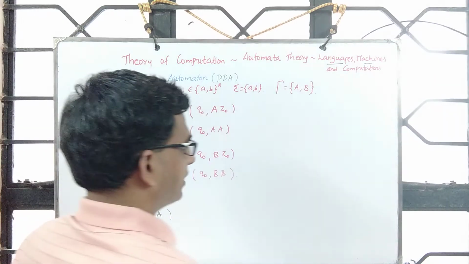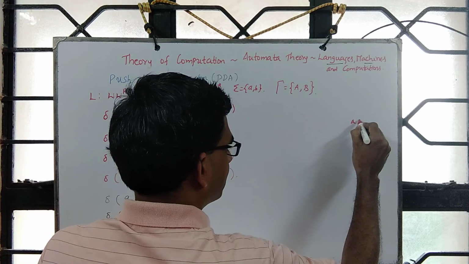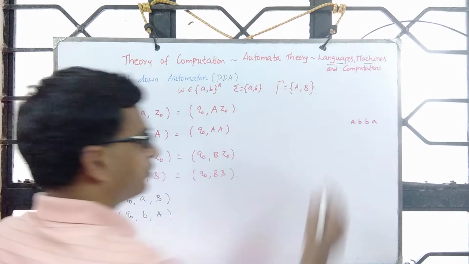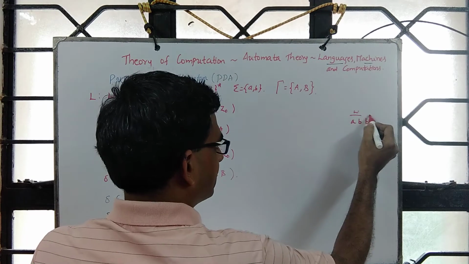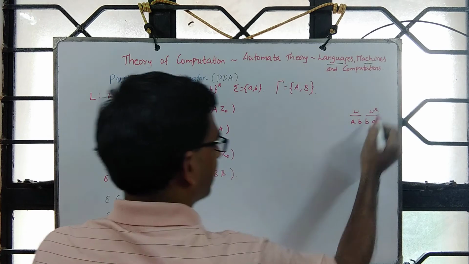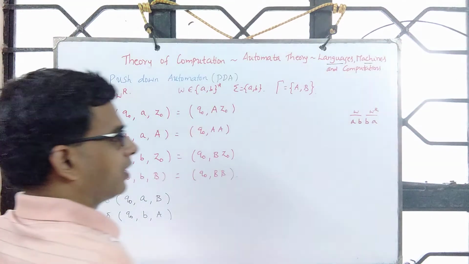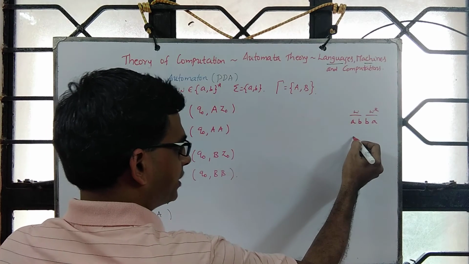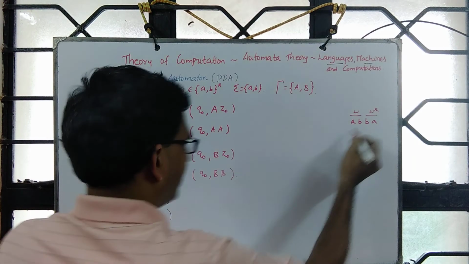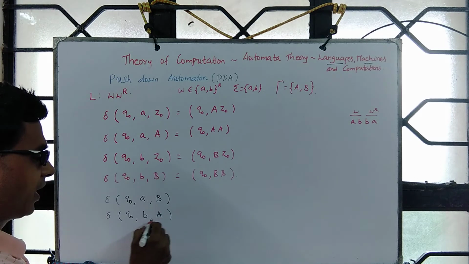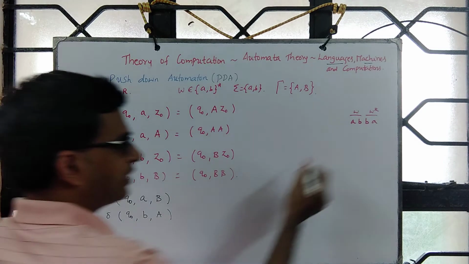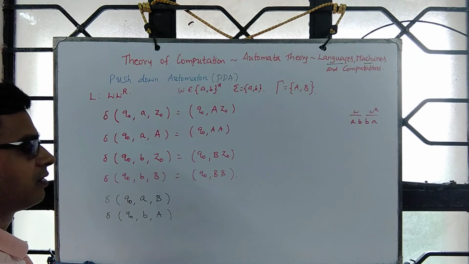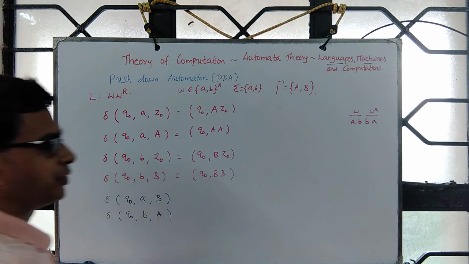So look at this example, ABBA. Now this is our W and this is our WR. Now I read A and I push capital A. Now I am reading a B and what is on the stack is capital A. So now what should I do?